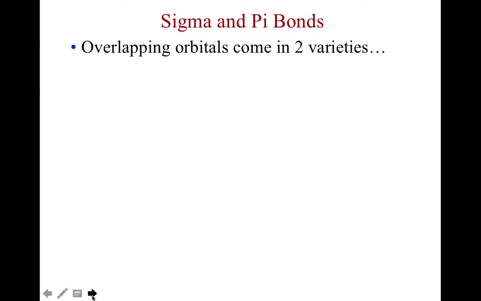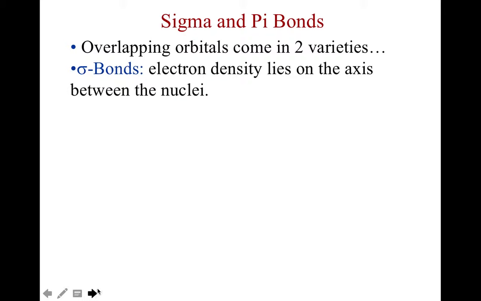So the only other thing with hybridization is that we get sigma and pi bonds. When we have this overlapping of orbitals, we have 2 varieties. Sigma bonds, so this kind of O with a tail on the top of it, this is sigma.